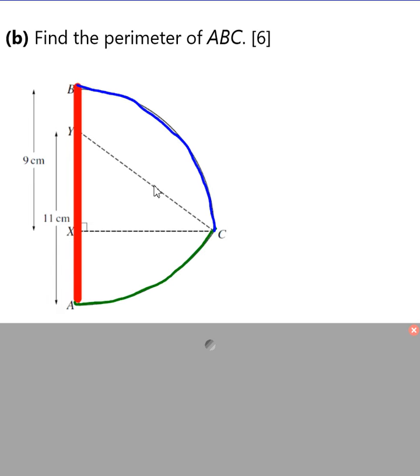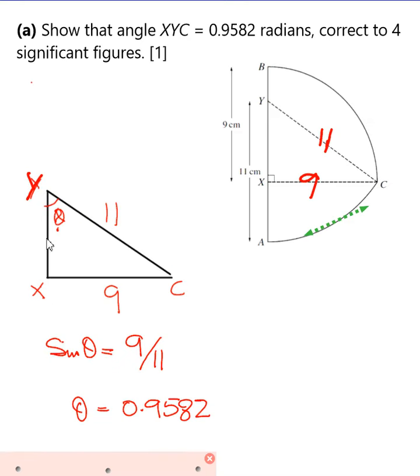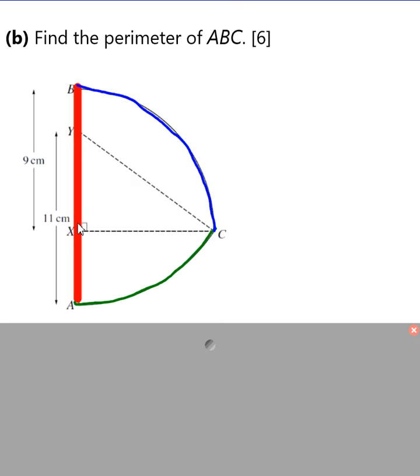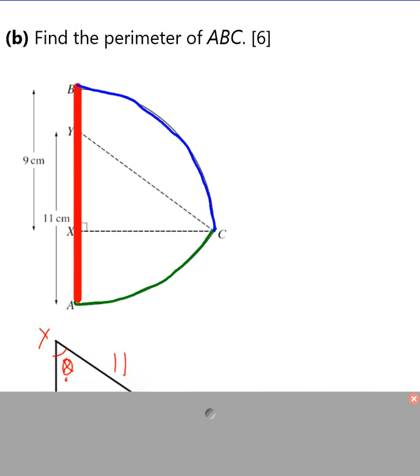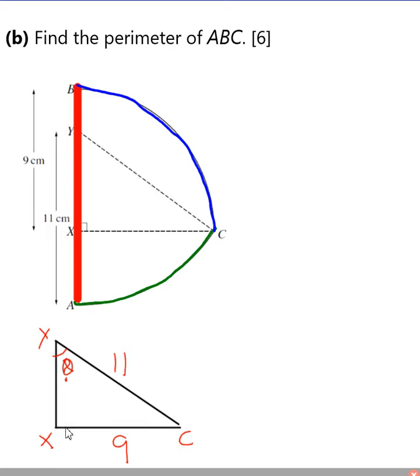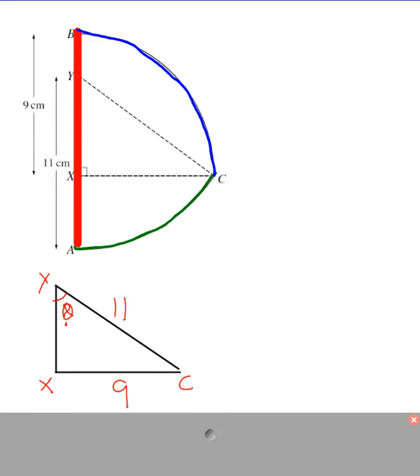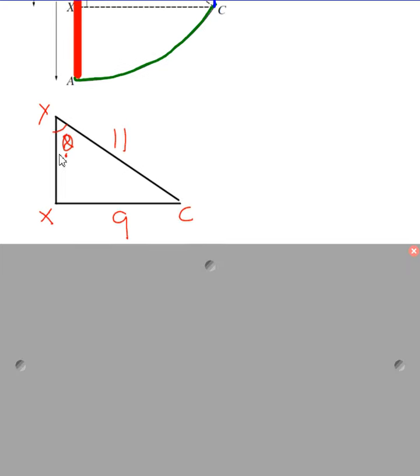Now, in this triangle, which you have just seen in the previous diagram, you can easily find XY with the help of Pythagoras theorem. So if you know XY, from 11 centimeters you can subtract XY to get AX. So this is what we will do here. First of all, we will find XY.